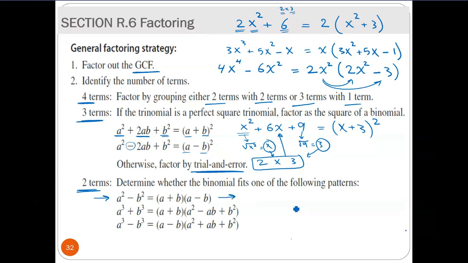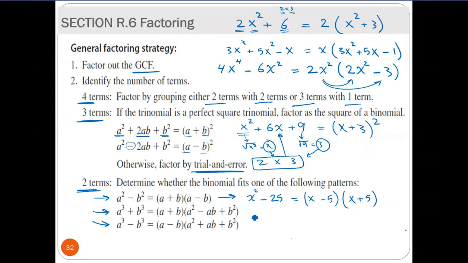Example of this: x squared minus 25 equals directly x minus 5 and x plus 5. This is the difference of squares. And we have the addition or difference of cubes.